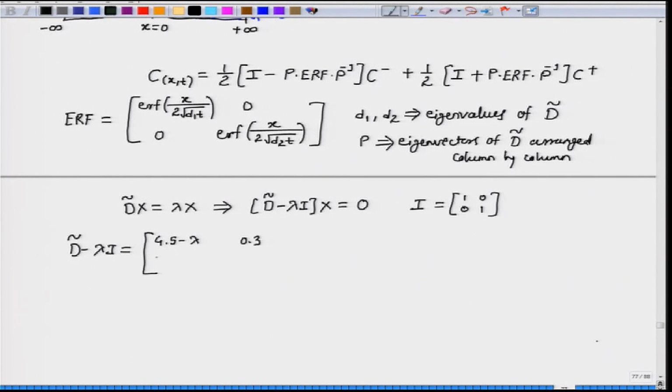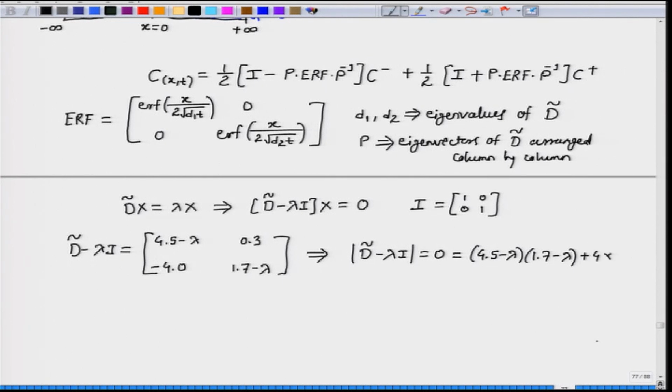The non-diagonal terms will remain as they are, and the diagonal terms will subtract lambda from them. Now we need to evaluate lambda by putting the determinant of d tilde minus lambda I equal to 0. The determinant of this matrix will be 4.5 minus lambda times 1.7 minus lambda, minus, and there is a minus sign again here, so this should be plus 4 times 0.3.